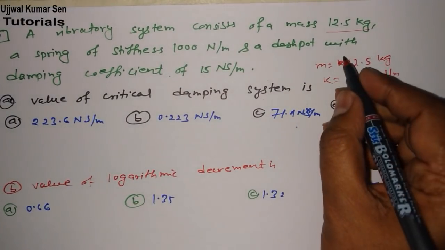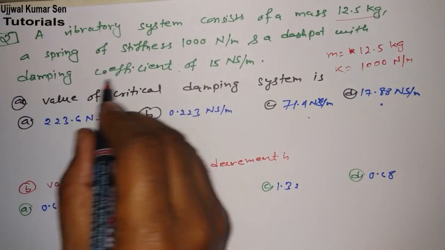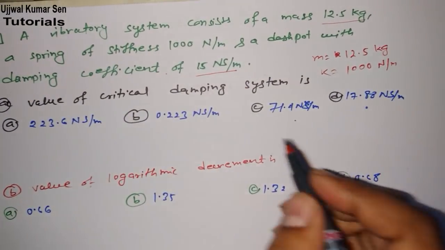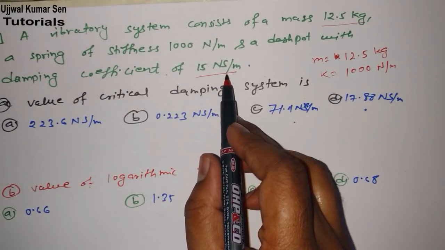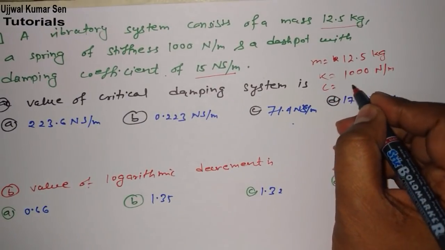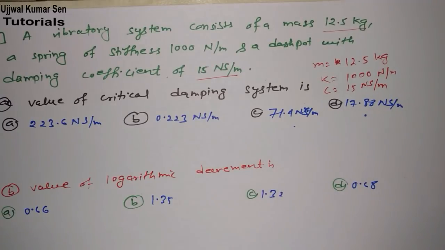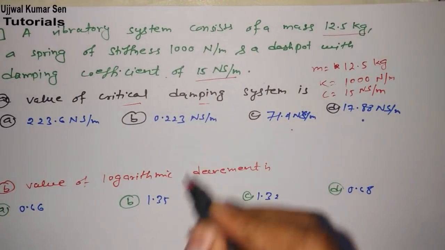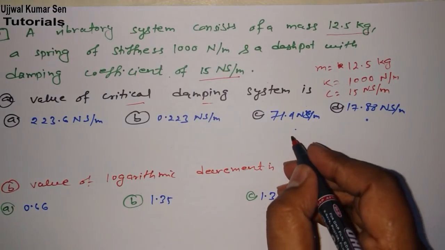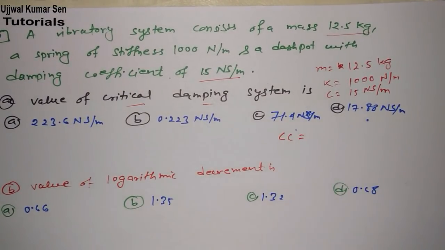Now they said a dashpot with a damping coefficient, that means actual damping coefficient, they have given 15 Newton second per meter, right? Now what we have to find out is critical damping, that means Cc we have to find out.